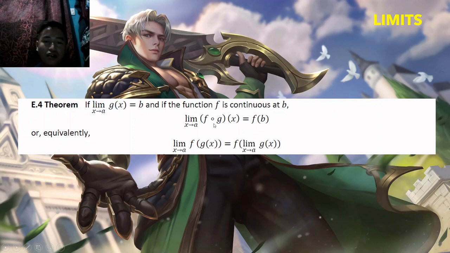And then f composed with g of x is equal to that. So look at f of g(x): the limit goes inside, and f is applied to the limit of g(x). So that is the theorem.